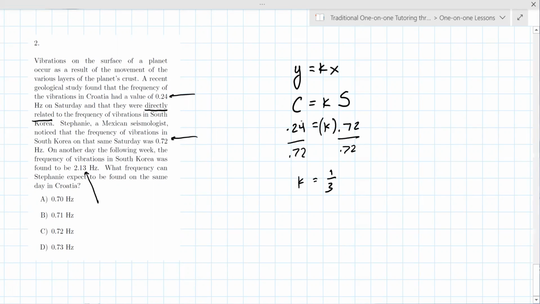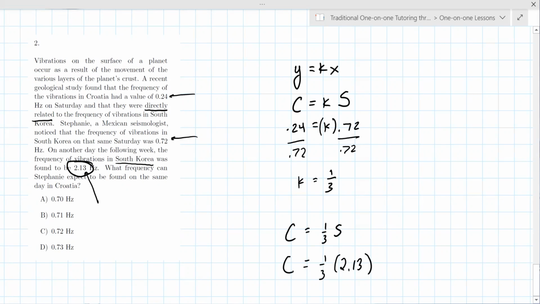But yeah, so C equals 1/3 times S. And is the 2.13 the S or is it the C? So it looks to me like it's the South Korea. Yeah. So it's 1/3 of 2.13.